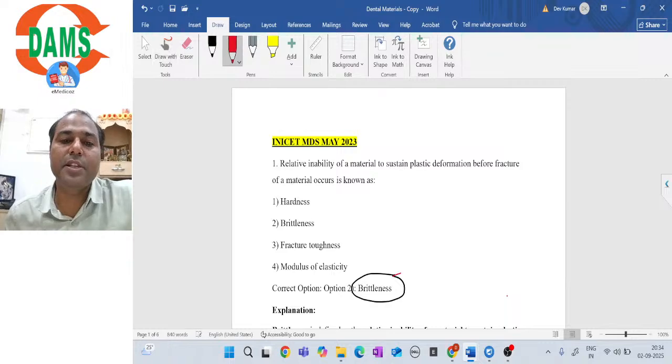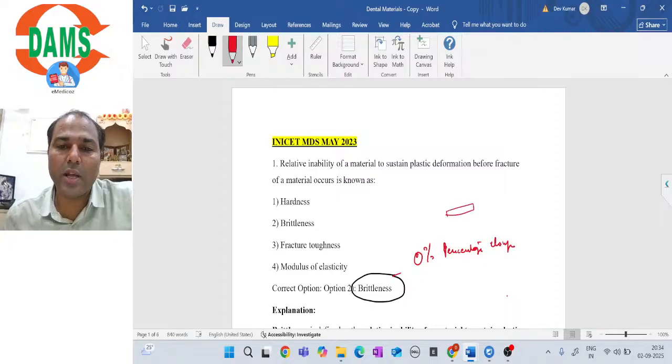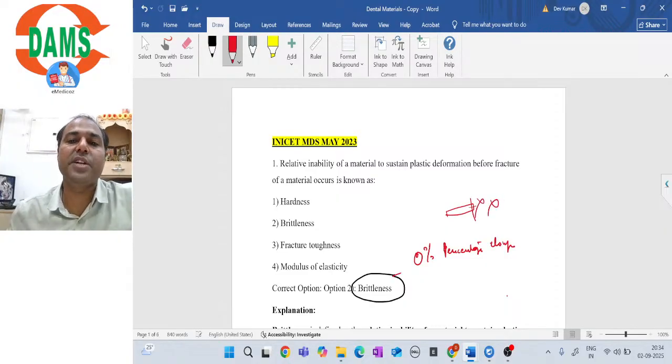Brittleness का मतलब है 0% percentage elongation, 0% elongation, मतलब इलास्टिक रीजन से थोड़ा सा भी प्लास्टिक रीजन में आया तो टूट जाएगा. इसका मतलब मटेरियल वेरी ब्रिटल.